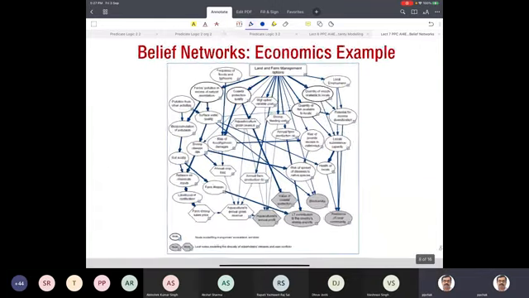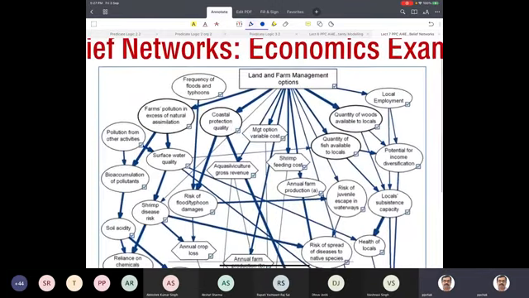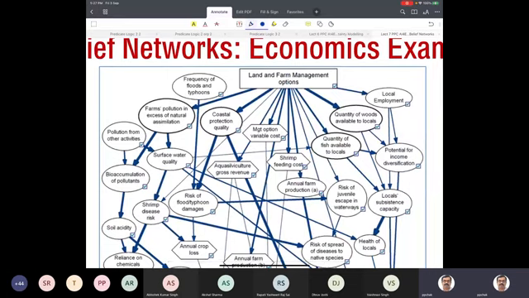Here is a detailed, complicated network on economics. There are lots and lots of papers on solving economics problems using Bayesian networks. There are books, you can have a look. There are many books and lots of research articles. For example, this one says, given the land and farming options, the local employment, the quality of wood available to the market, the management cost, the quantity of fish available, coastal protection, farm pollution.